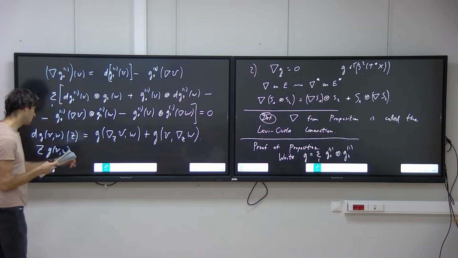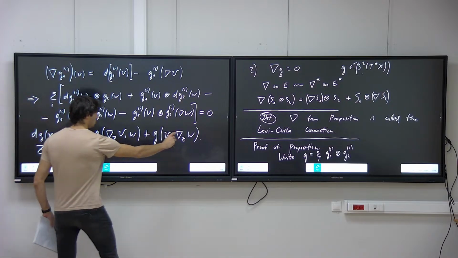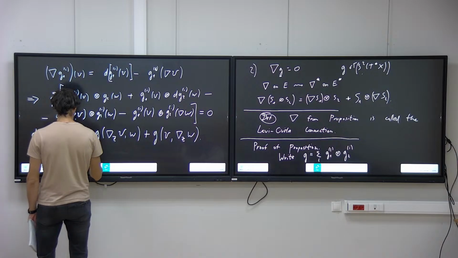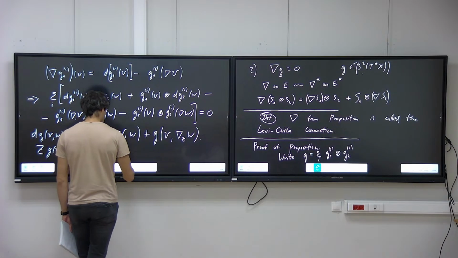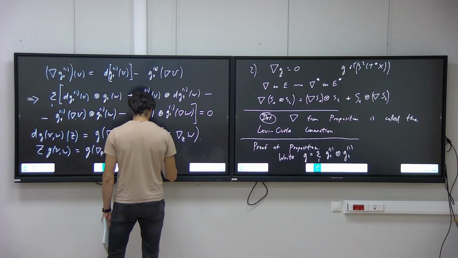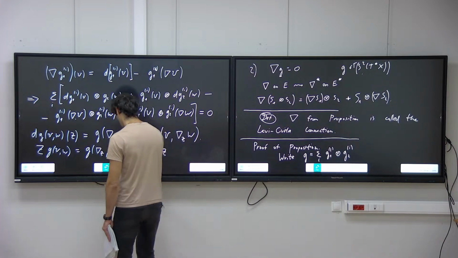On the right I have this guy, but also I would like to switch w and z here and use the no torsion property. So I will have g nabla z w plus g v nabla w z. Sorry, v here.